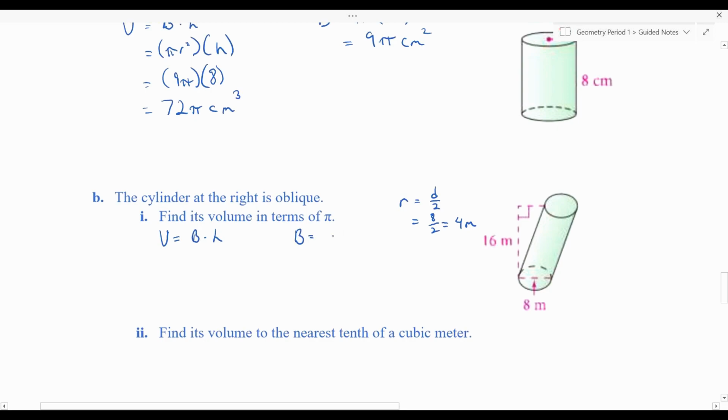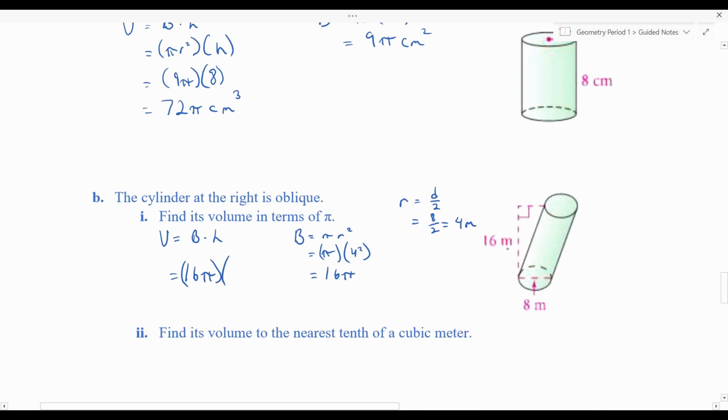Okay, so now that we have 4 meters, we need to calculate B. B is going to be pi r squared. We plug in the 4 that we just found, so we have pi times 4 squared, so we have 16 pi. Then we plug in the 16 pi here, times our height. Our height here happens to be 16 meters.